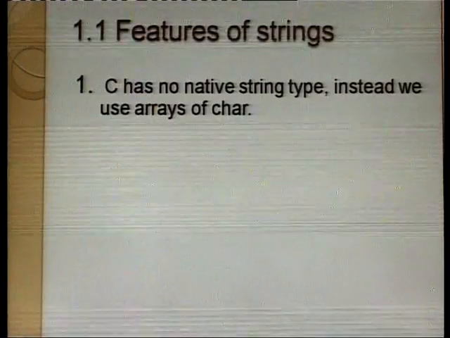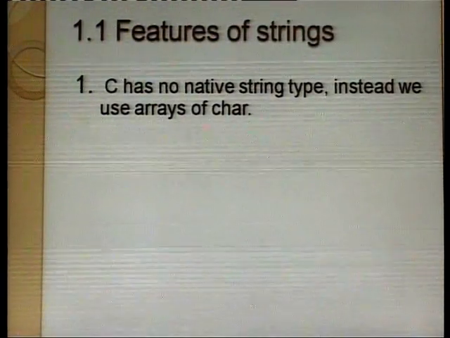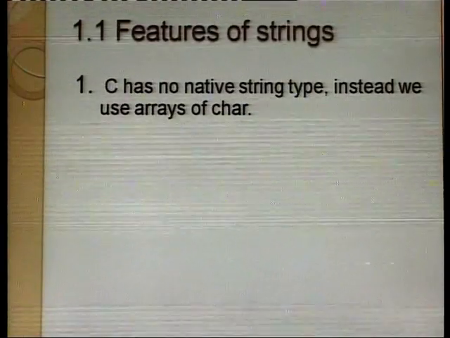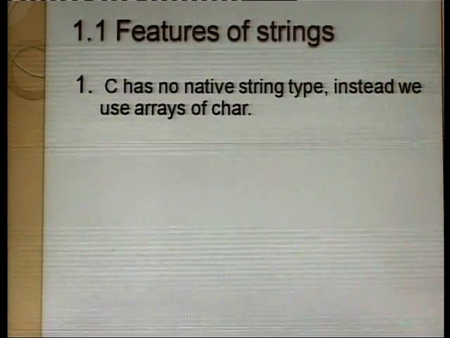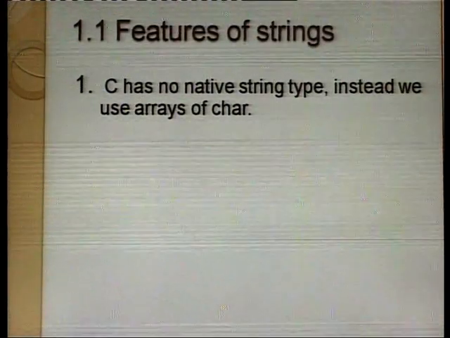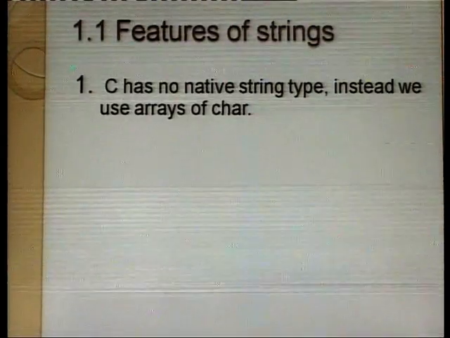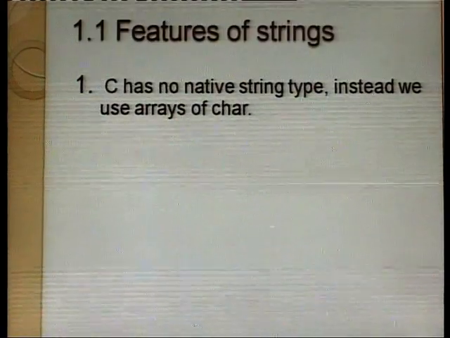In case of features, C has no native string type. Means there are different data types provided by C, but C does not provide a string data type. So to use a string, we use arrays of char. Whenever we want to declare a string, we have to declare an array of character type.